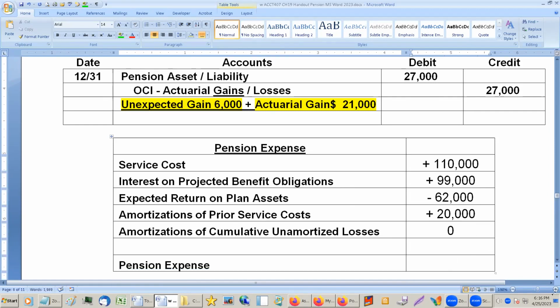And so the total of this will be $167,000.